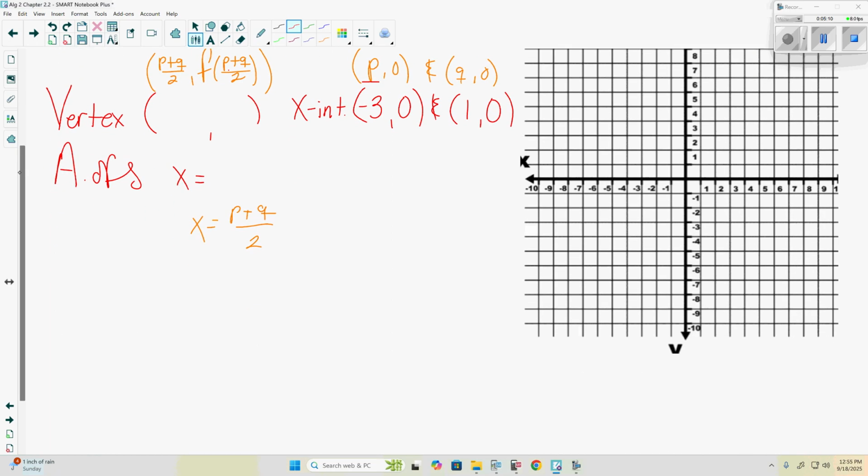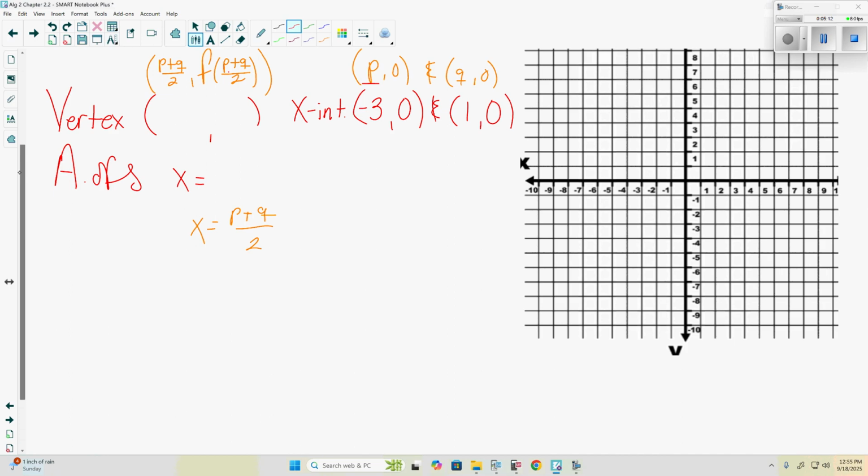Okay, now we actually have to do some calculations. So our p plus q over 2. Well, we said the value of p is negative 3, and the value of q is 1. Now at this point here, we can plug that into the calculator and it can do it for us. Or we can actually add them.